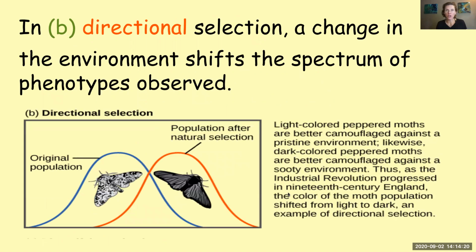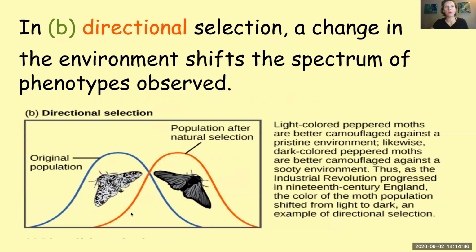There's also directional selection. In this case, you may have heard of it, it's the peppered moths. It's where the environment changes and there's a new selective pressure introduced because of the environmental change, and that means that a new phenotype is favored.